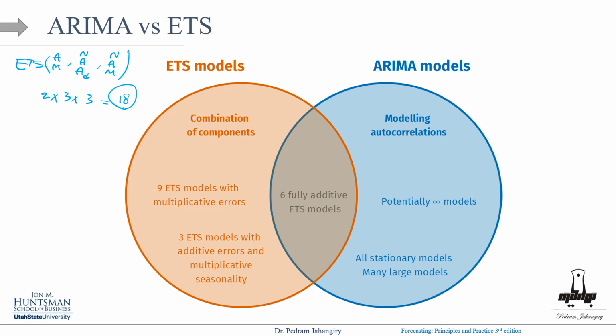What about ARIMA or SARIMA? So SARIMA, PDQ, PDQ, and you can see we can have gazillions of these combinations, right? Infinite number of those combinations. And we can actually mathematically go back and forth between ETS and ARIMA for 6 of those fully additive models.